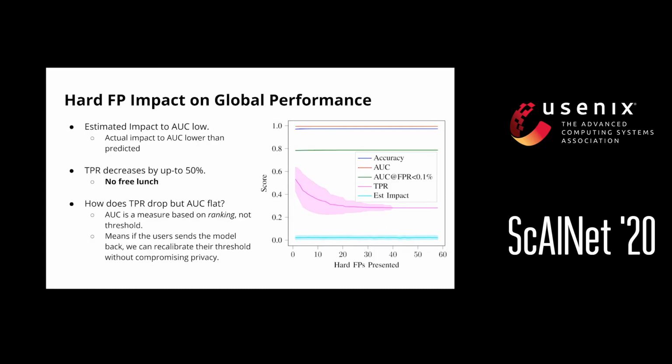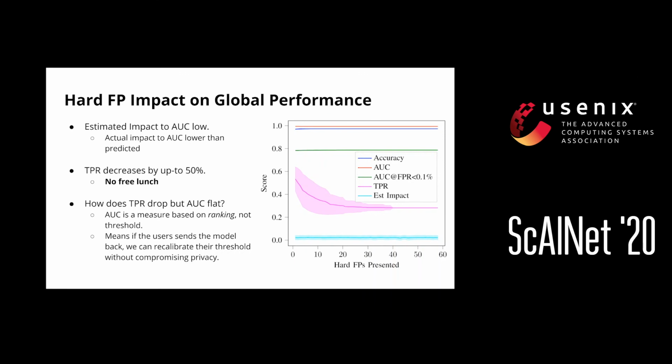We can also see the impact on global performance as we do these false positive updates. AUC is actually pretty stable, and the estimated impact to AUC is near 0, which is good. The true positive rate does decrease over time as we do more updates, which is understandable. The fact that the true positive rate decreases but AUC remains stable means that we can fix this by just sending the model back to Elastic and recalibrating the threshold for decisions.